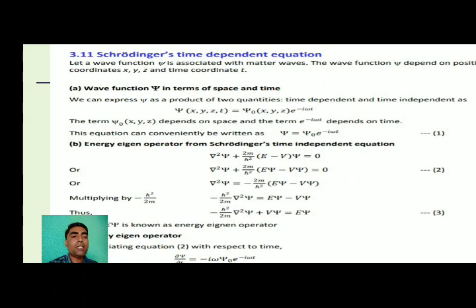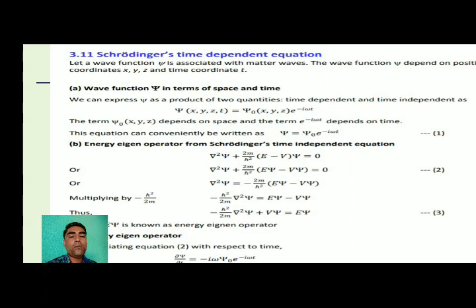Now to convert this Schrodinger's time independent wave equation of the form in equation 3 into time dependent form, we should replace this E psi term in terms of the energy operator form. To develop the energy operator form, let's recall the wave function psi that we selected while formulating Schrodinger's time independent wave equation.